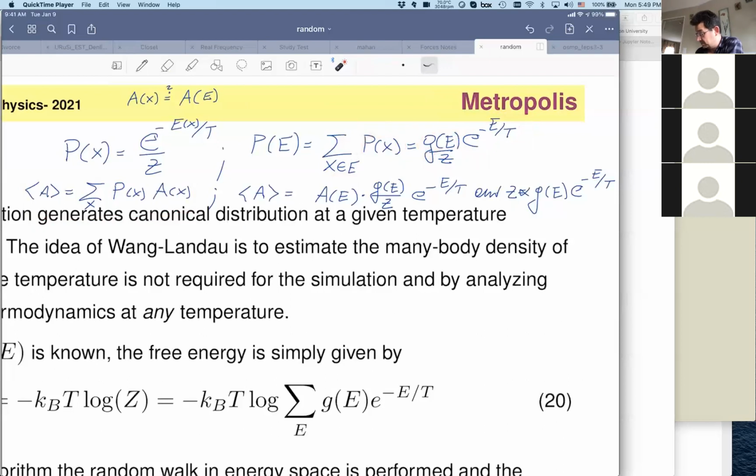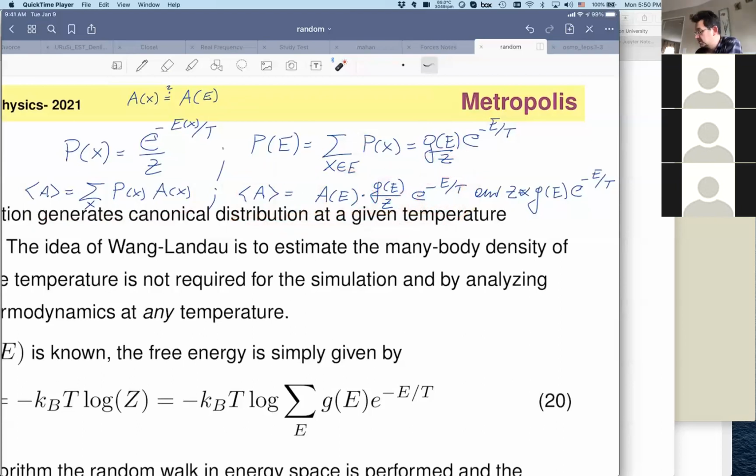And then once you have this number of many-body states, we know that the average of a quantity that depends only on energy is just this quantity A times the number of many-body states, divided by Z, times e to the minus E over T. So in other words, once you have the many-body density of states, you can calculate thermodynamic quantities completely trivially, by just the many-body density of states times the Boltzmann factor.